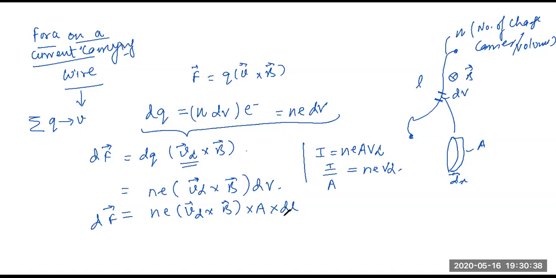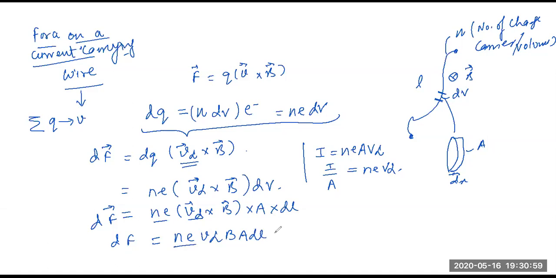Now if I write n e v_d, instead of that I can write I, or just write it without vectors, it will be easy to explain then. n e v_d, then you have B, then you have A, and then you have dL.